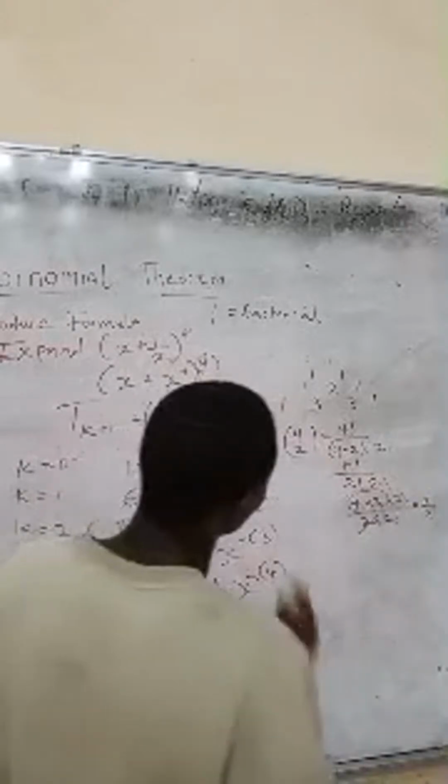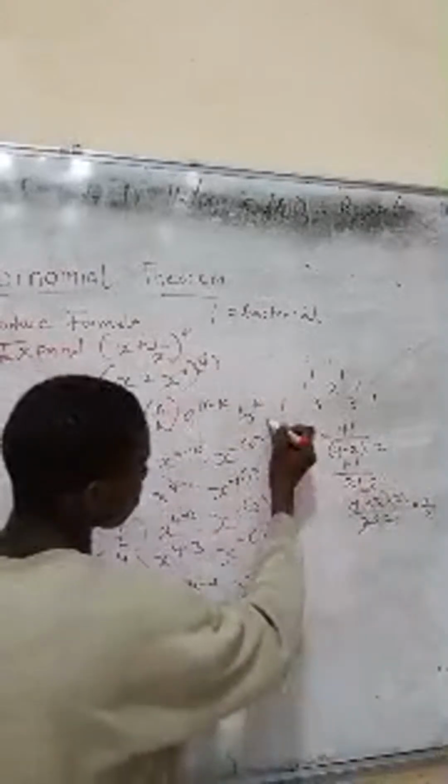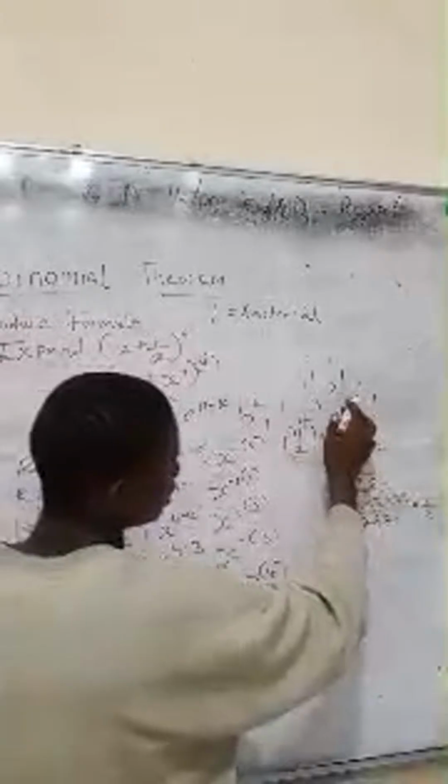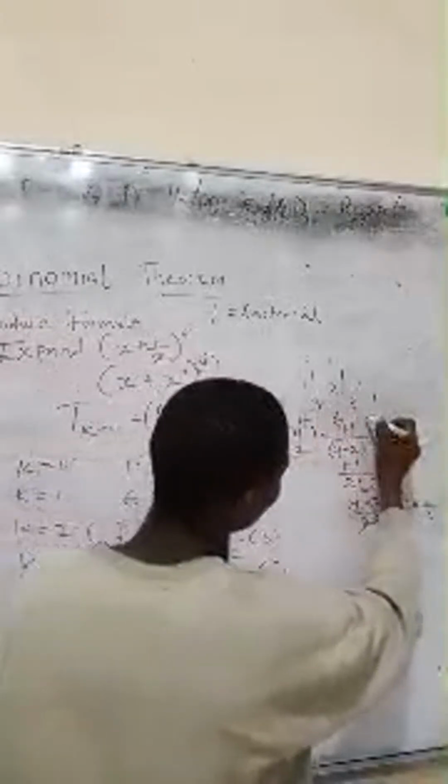So now let's continue. From this place, let me just continue the Pascal triangle. This and this is going to give me 4. This plus this is going to give me 6. Then this and this is going to give me another 4. And I'm going to be adding the last value to the 1. So that's just it. I wanted to write it out so you can know how the Pascal triangle goes.